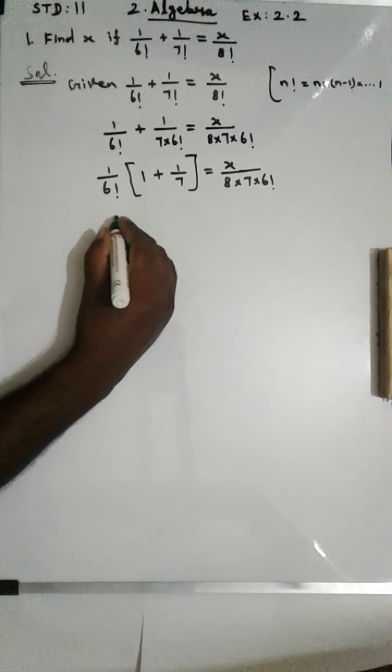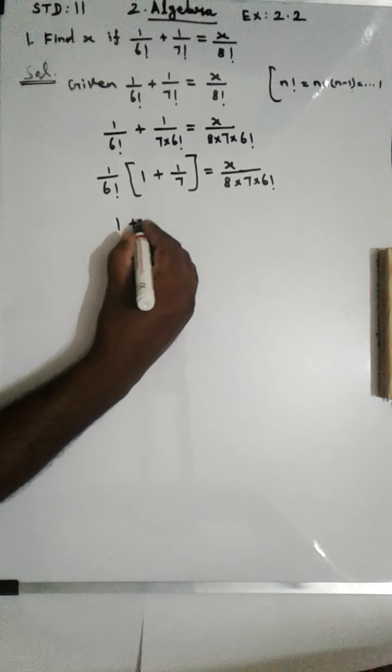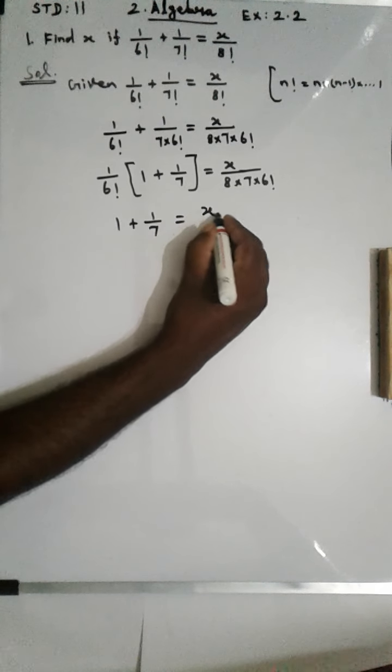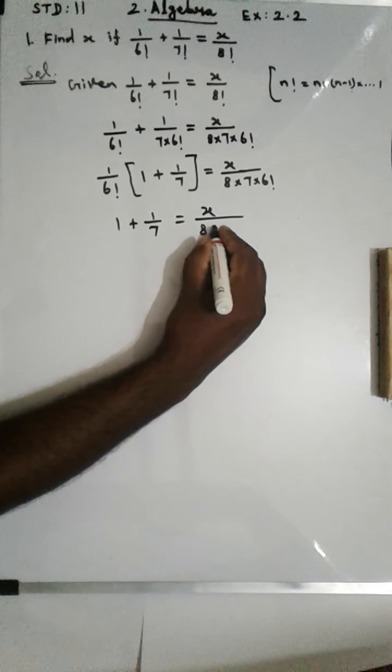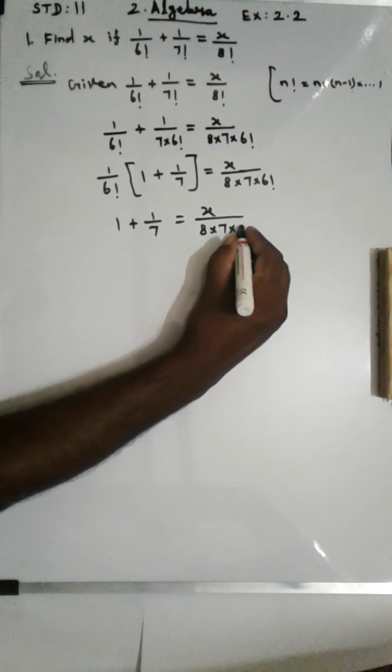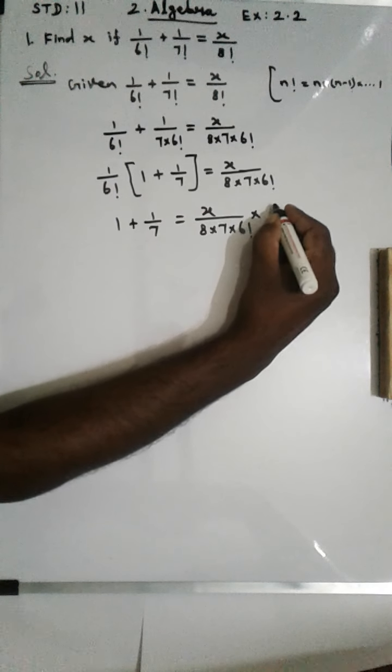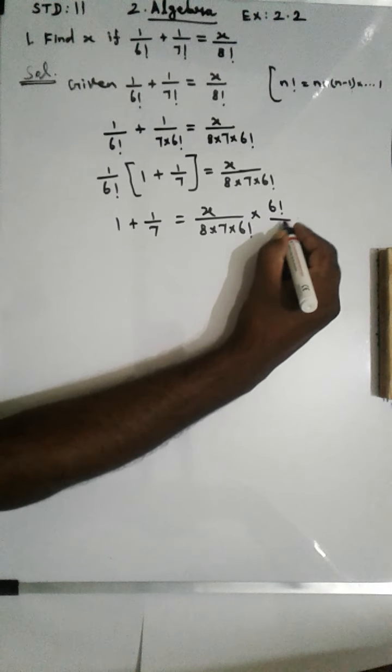It's a reciprocal. 1 plus 1 by 7 equals x divided by 8 into 7 into 6 factorial, into its reciprocal, 6 factorial divided by 1.